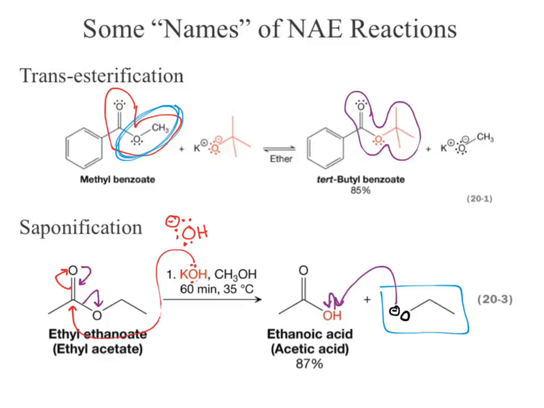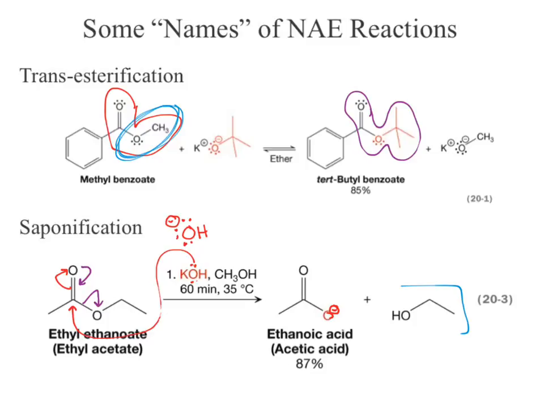It deprotonates, and really what we end up with at the end of our reaction is our alcohol and the carboxylate. Which is more stable, hydroxide or the carboxylate? The carboxylate, because of resonance. That drives this reaction forwards. And we do end up seeing a high yield.